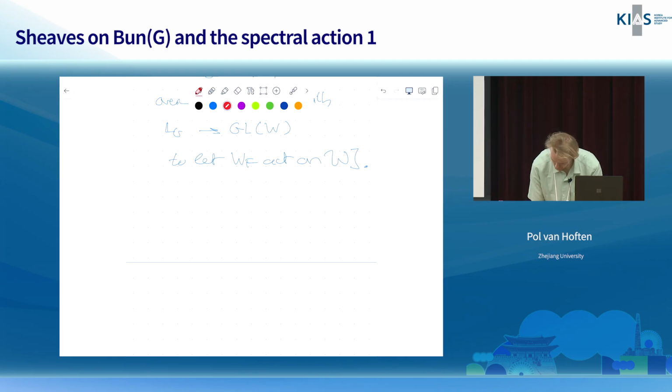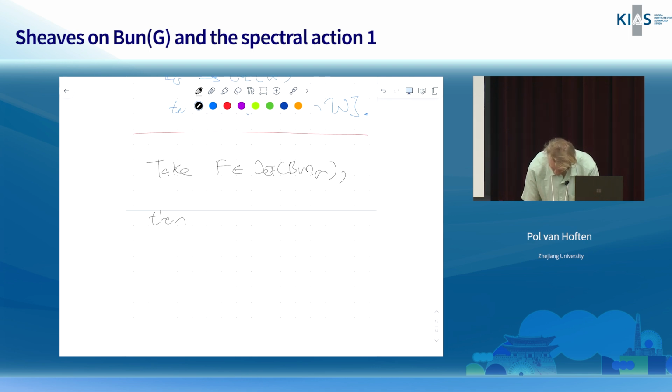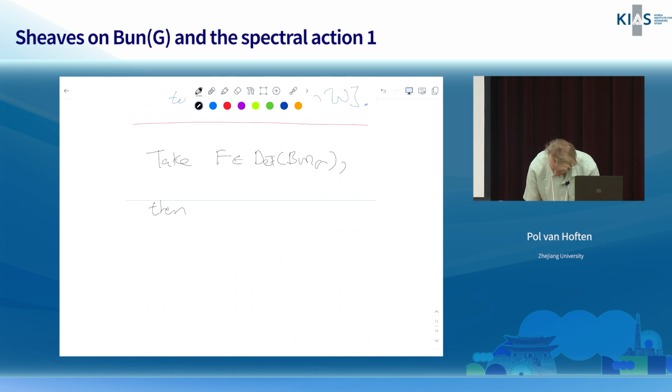So here, basically, if I take F in D etale of Bun G, then I have my T_W F, which lives in D etale of Bun G times Div 1.